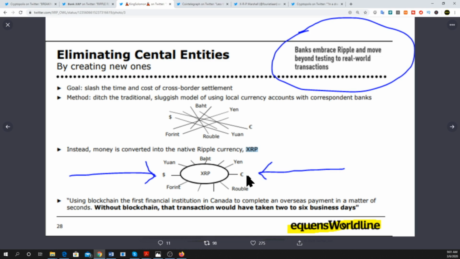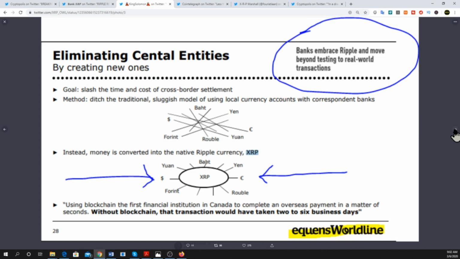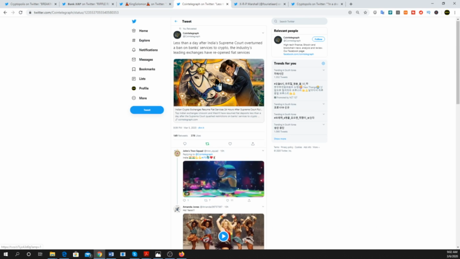Now you can see the dollar and yuan they're talking about, then yen, ruble, yuan, euro, everything there. But at the same time, they're comparing what happens between the previous technology and the existing one. So more similarly, they are going to embrace this one soon, because they are pointing out the DLT and fintech. So when you compare this, you know what's happening in the background.